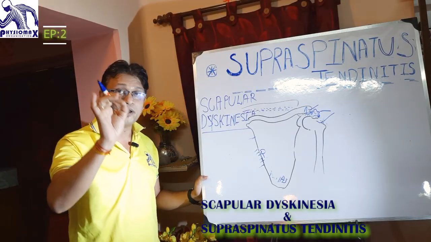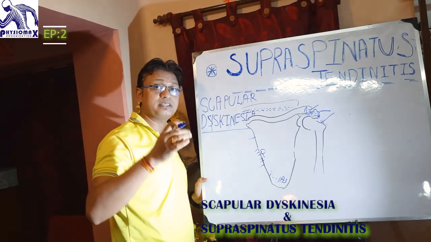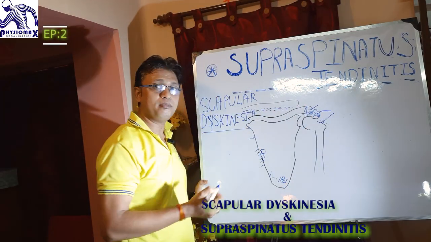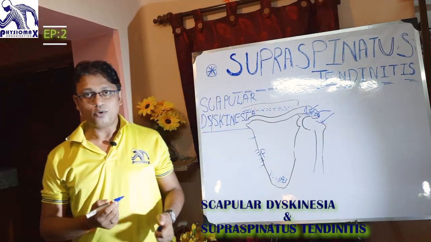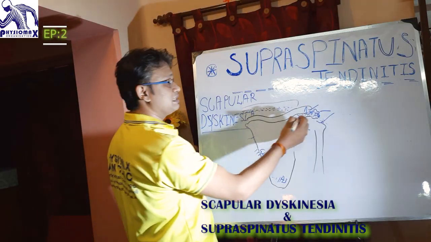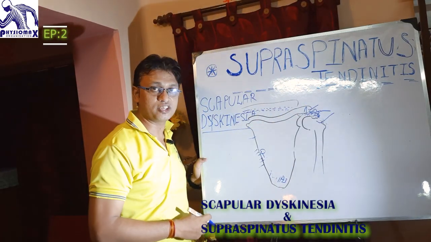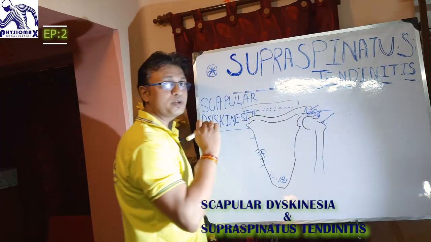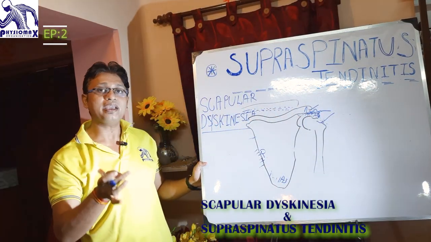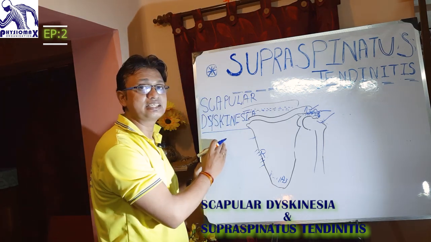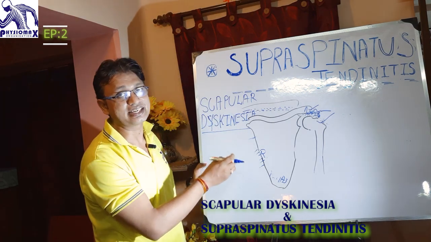As per the biomechanical law, this space needs to be normal in size. But whenever there is abnormal motion of the scapula, this space is reduced, and this reduction of the space makes the supraspinatus muscle impinge, all because of scapular dyskinesia or dyskinetic scapula.